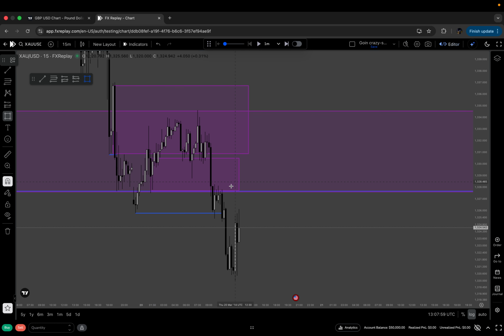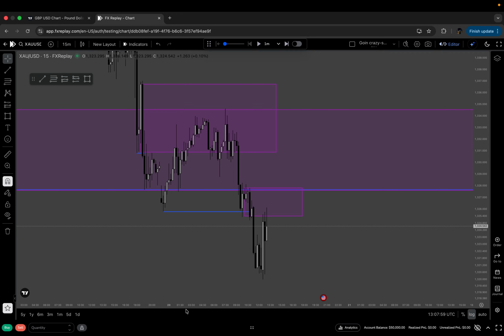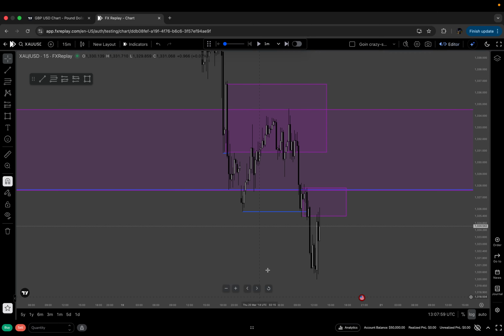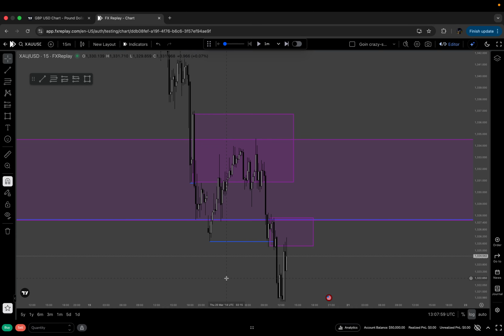But we can actually have a look on this to see whether we have our entry model or not, right? So we can get rid of this. Let's see what we have here.